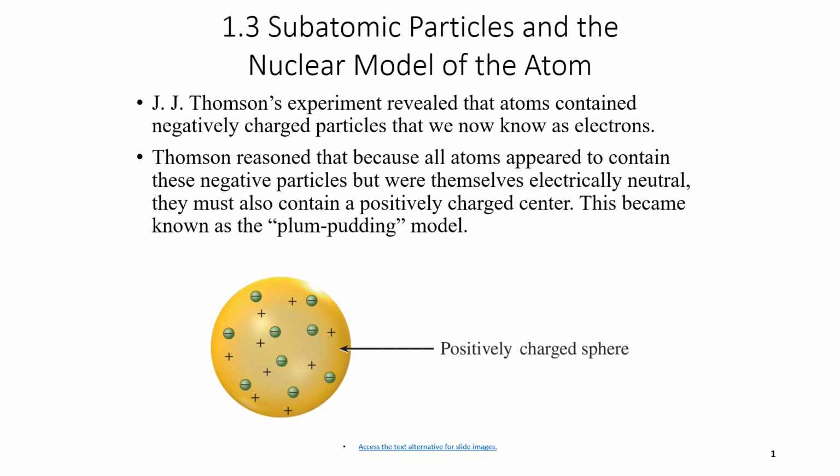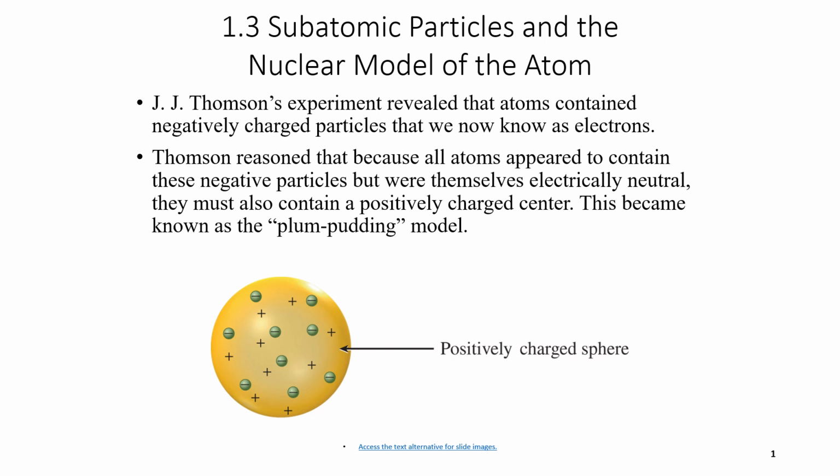We now know that atoms can be subdivided into several different particles, but a lot of work was put in late 1800s into the early 1900s, lots of experiments to try to figure out what these subatomic particles were.